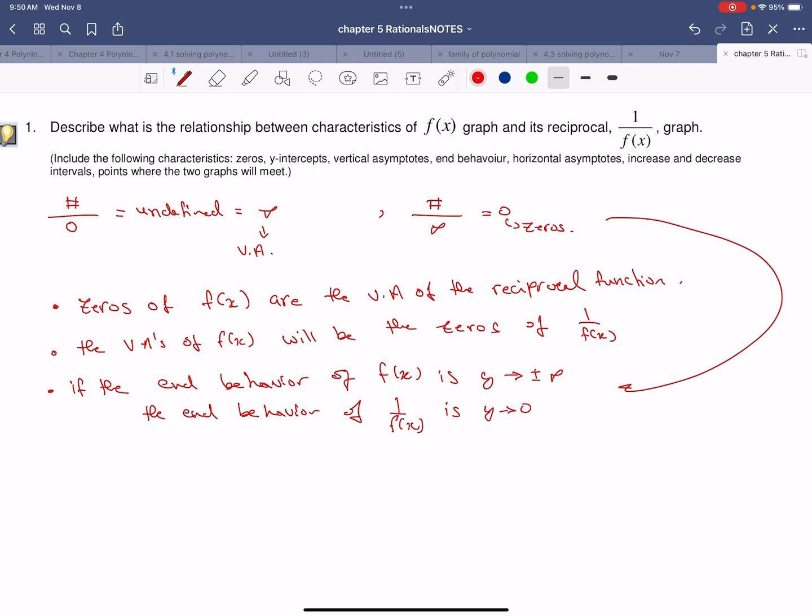Okay, so basically if your original function looks like this, your reciprocal function is going to be approaching 0.